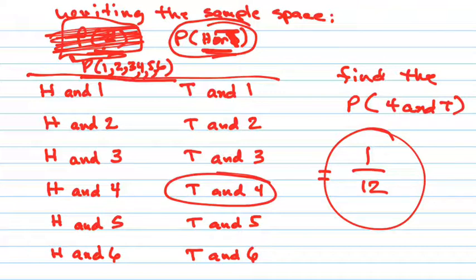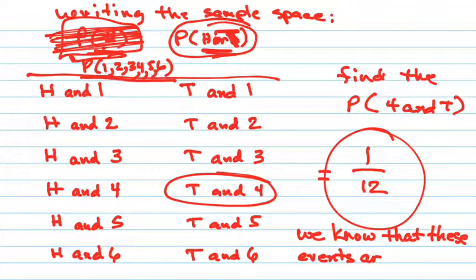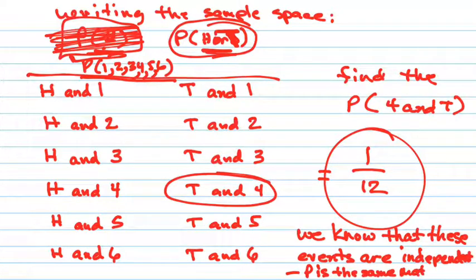And because the two probabilities were the same, we know that these events are independent, because the probability is the same if you do the math or the sample space. And for now, that's our only method for knowing that two events are independent.